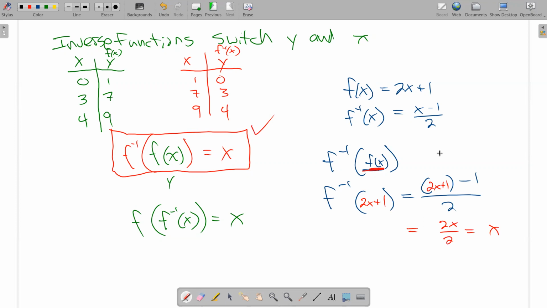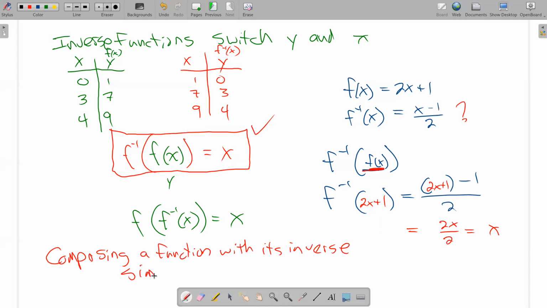So I'm checking to see if this is really the appropriate inverse function. And I know a function is an inverse of another if when I compose them, I get x. So note, composing a function with its inverse simplifies to x.